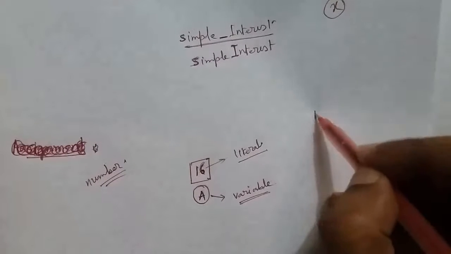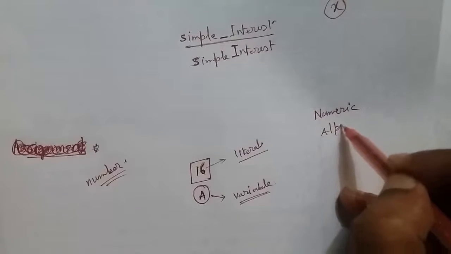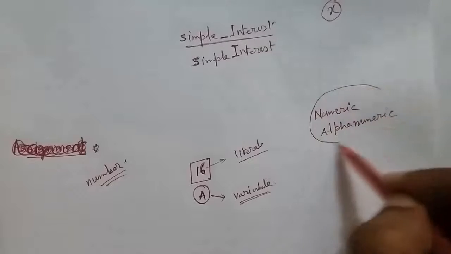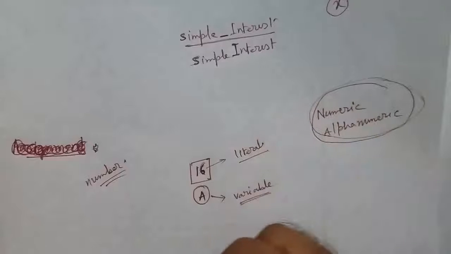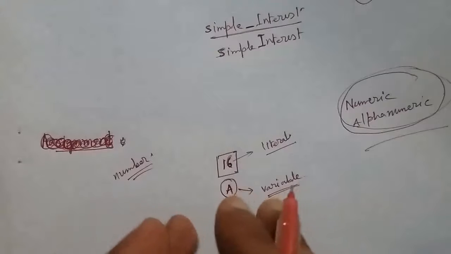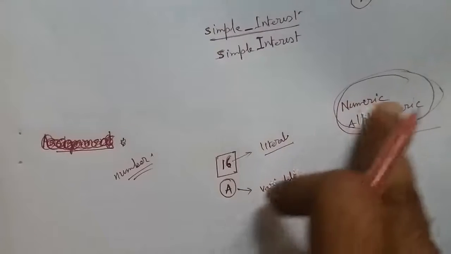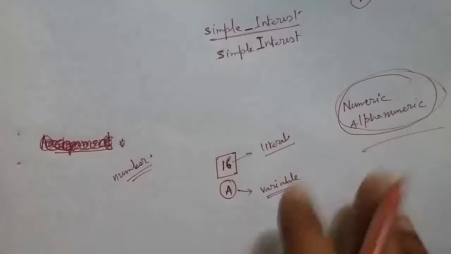One is numeric and another one is alphanumeric, isn't it? So only two types of values are used in the QBasic programming language. In Java, as Java is more advanced, that's why it uses more data types, not only numeric and alphanumeric. The numeric data types are divided into several types, and the alphanumeric data types are divided into several types.